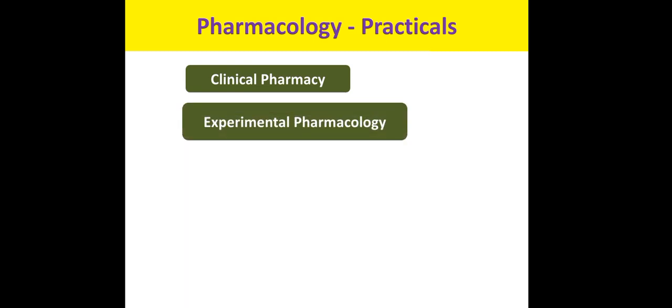Then experimental pharmacology. In this you will learn about the effect on the vital parameters of a human being if you administer a drug, and we will learn this with the help of CAL software.